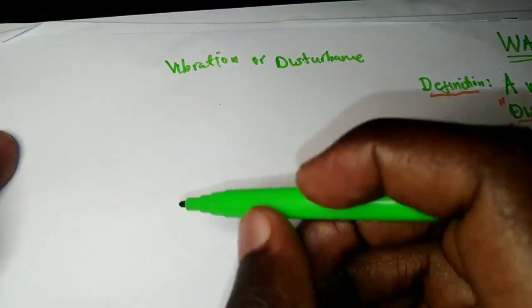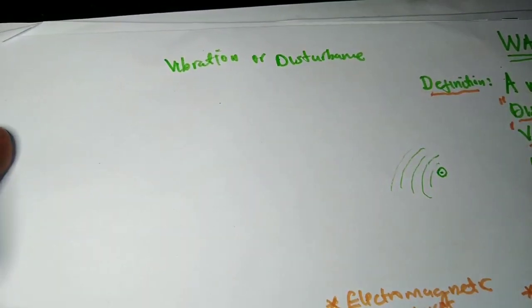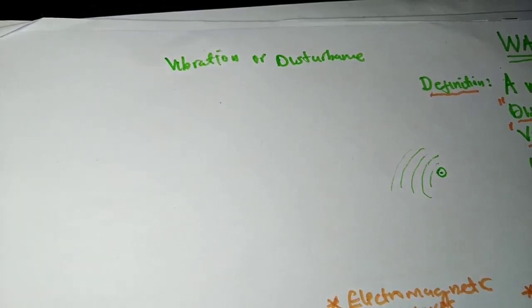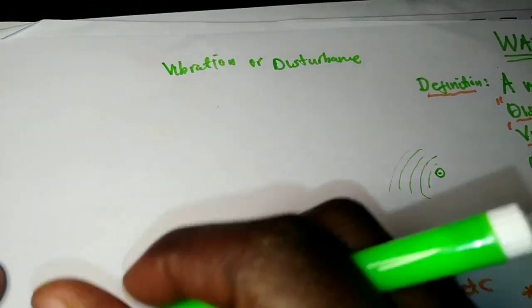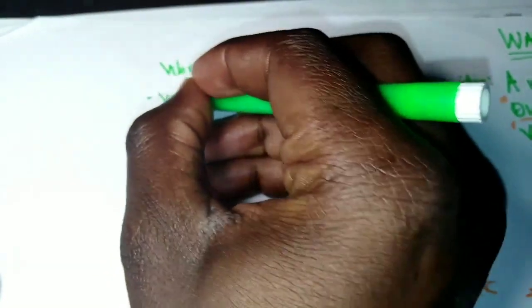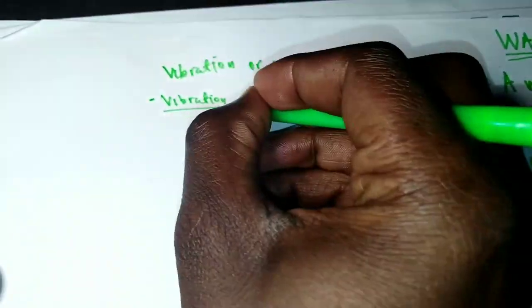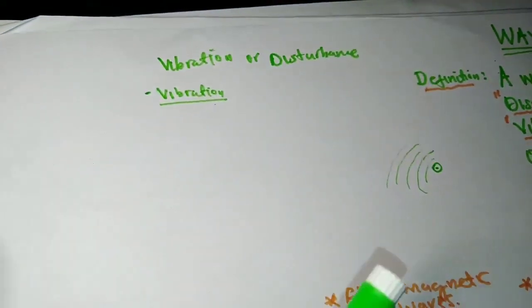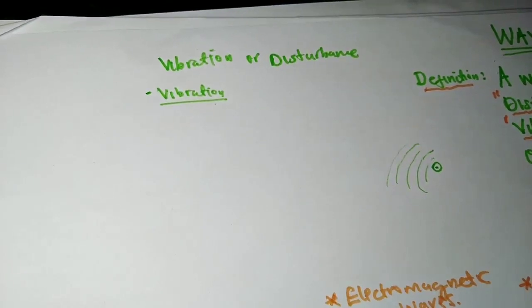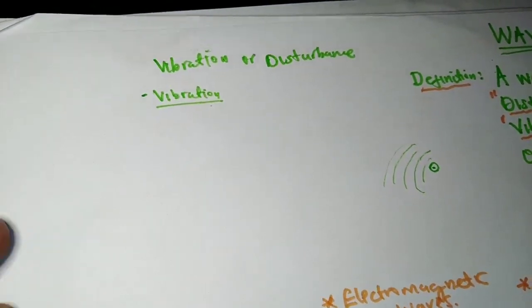For us to understand this quite well, let's look at this diagram here. Before we look at the two types of waves, let's look at the term vibration itself. Under vibration, when particles begin to vibrate, they can vibrate in two ways.